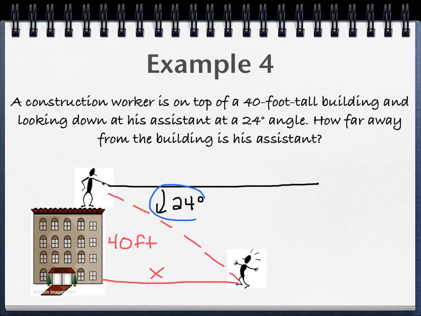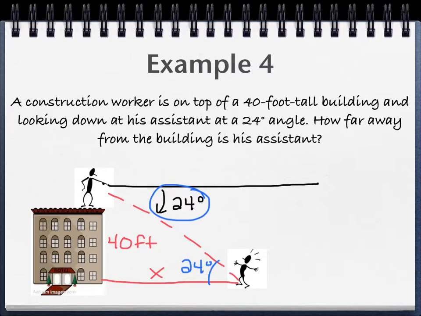If this is 24 degrees out here, that means this angle down here would also be 24 degrees. So that would be like if the assistant was turning his head to look up at his manager, he'd be turning his head up at 24 degrees as well. So I can take that 24 and shift it down into the triangle. Okay, you just don't want to put the 24 here. Okay, that's going to get you the wrong answer.